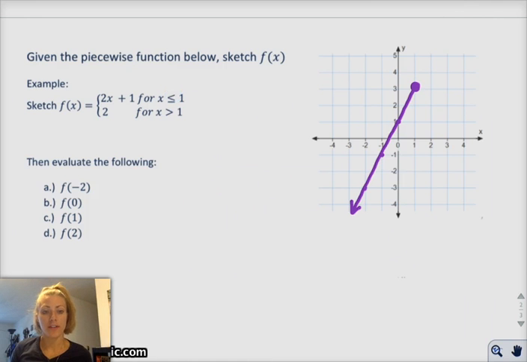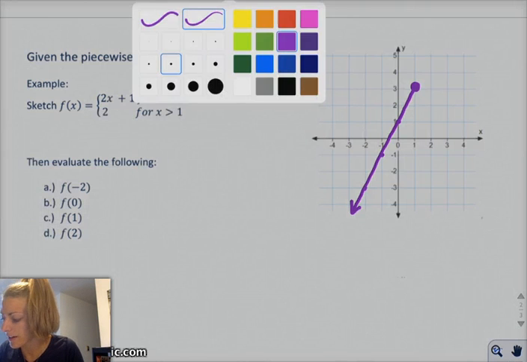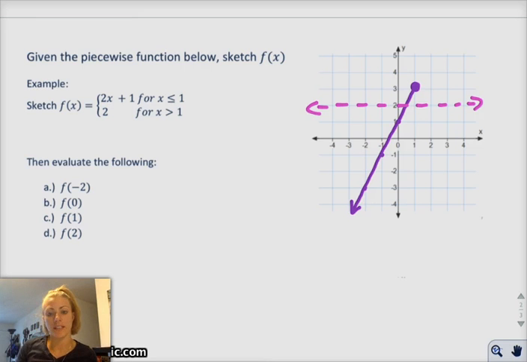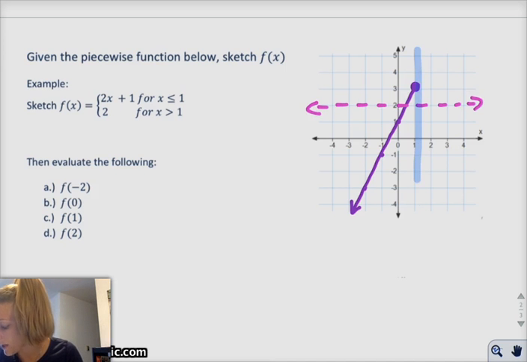Okay, so then the other function is y equals 2. And that is just the function that goes through, I'm going to do this in a different color, y equals 2, right? So it just looks like that. However, it only exists when x is larger than 1. So I go to my x-axis and I say, oh, there's x equals 1.